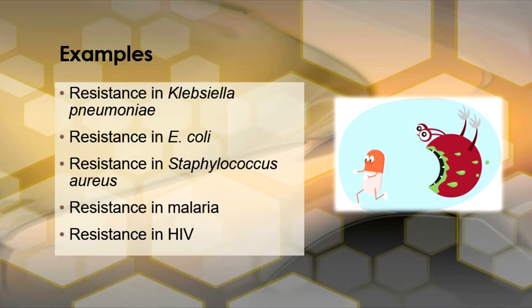In parasites, you can find resistance in Plasmodium falciparum, which causes malaria, and in viruses, you can find resistance in the human immunodeficiency virus or in the influenza virus.